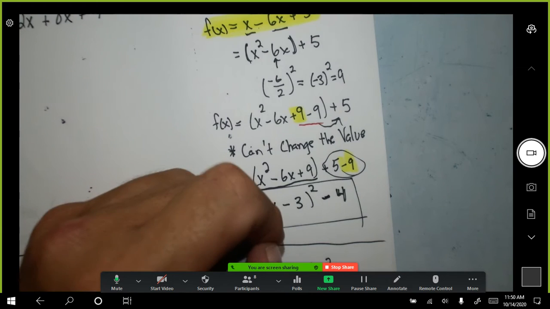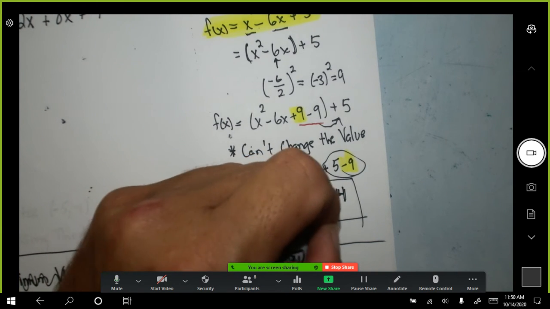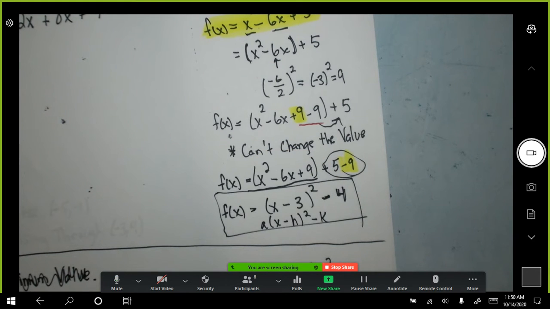Now, if you'll notice, this is now in my form of a times (x minus h) squared minus k. So when I do that, it puts it in my standard quadratic form.